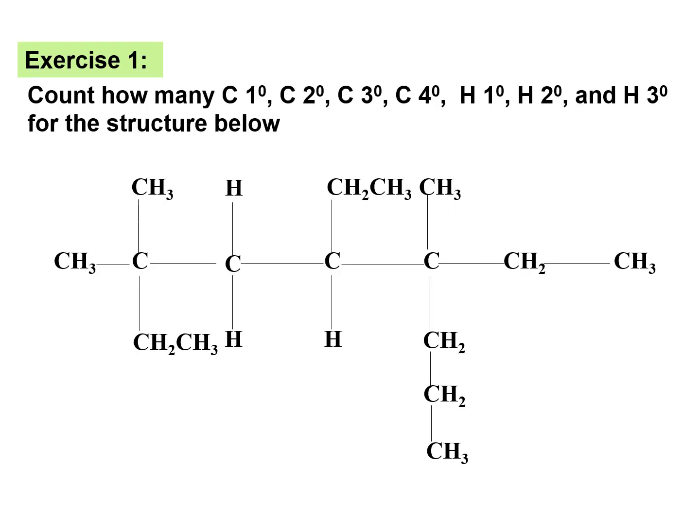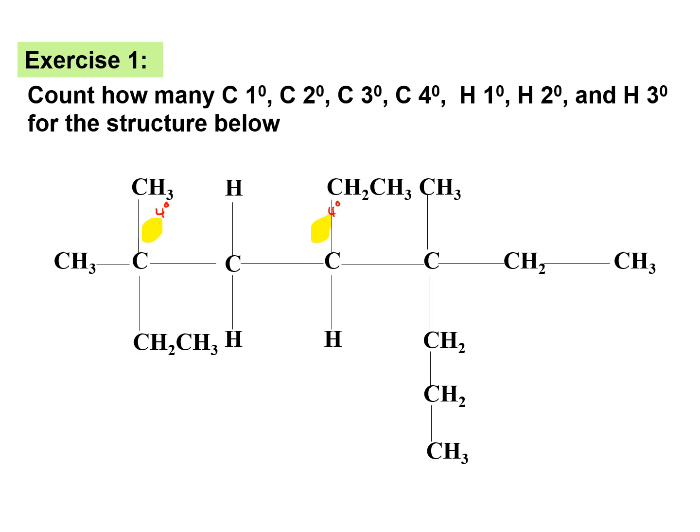In this exercise, you are to classify carbon and hydrogen and count how many there are. For example, I can see that this carbon is quaternary. Another quaternary carbon here, quaternary.